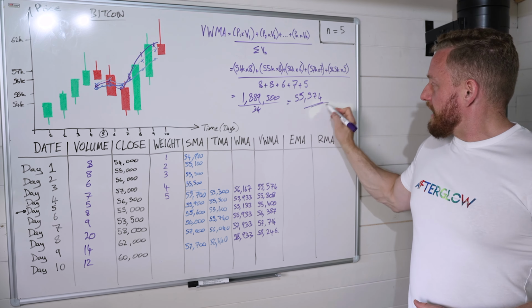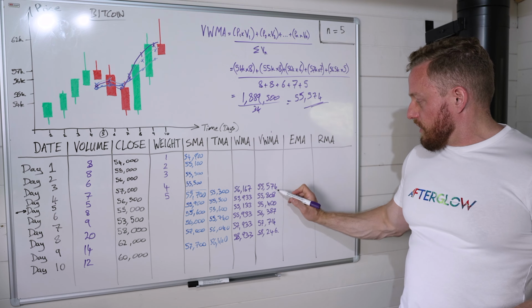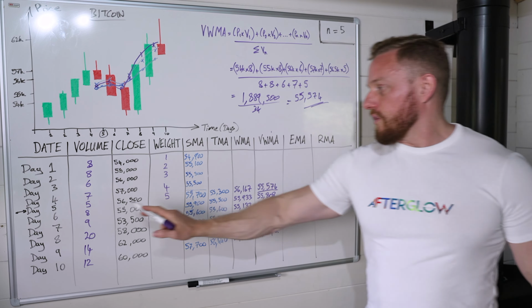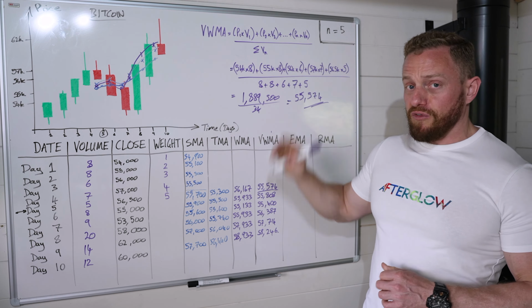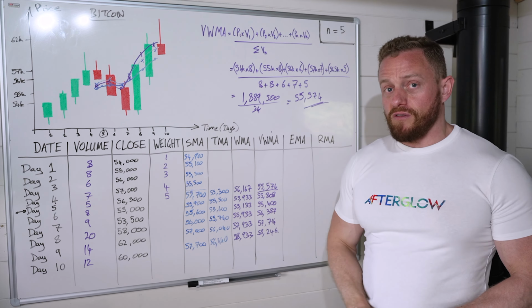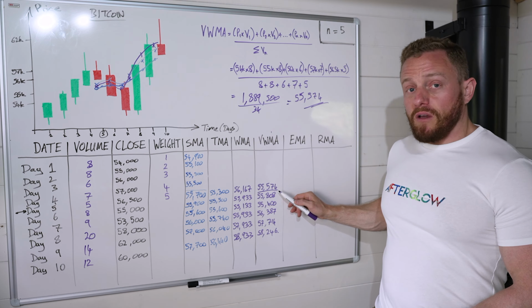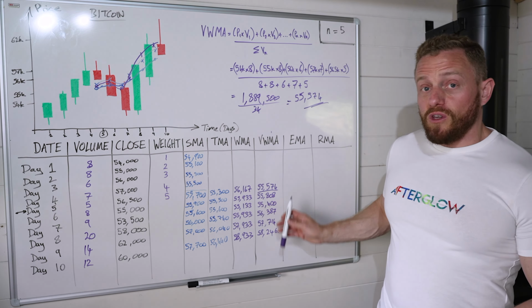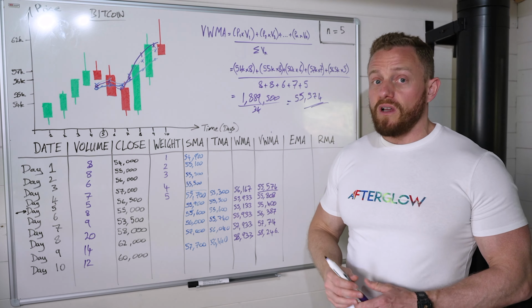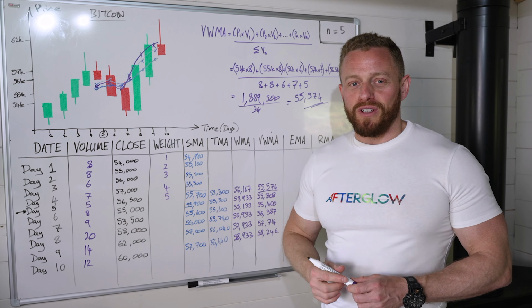So that number is our volume weighted moving average here on day 5. And similar to before, we just apply the same formula, work our way down through the table, and we can calculate our VWMA for each of the periods, and then we could plot those onto our chart similar to before, although I'll show that in TradingView in a moment.